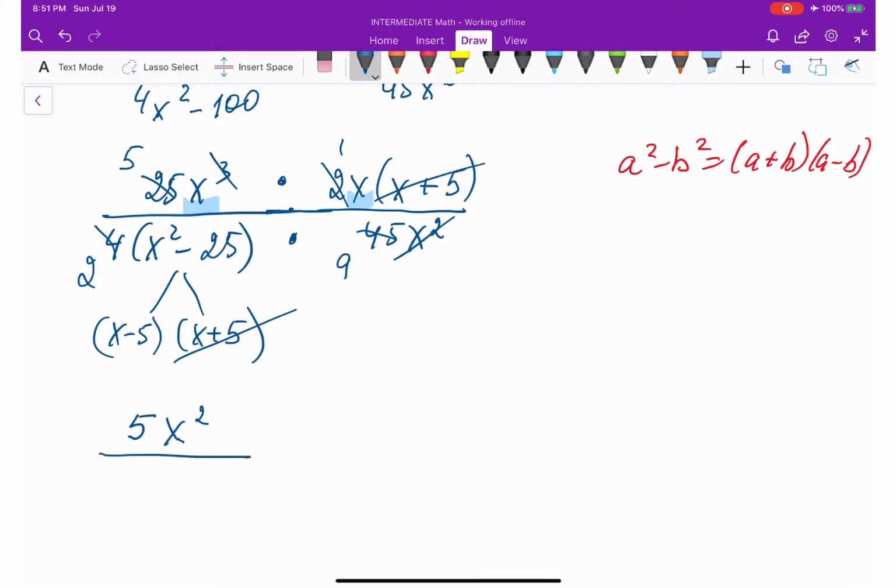In the denominator we have 2 times 9, which is 18, and times (x - 5). So this x - 5 is left. And that's it. Okay. Next one.